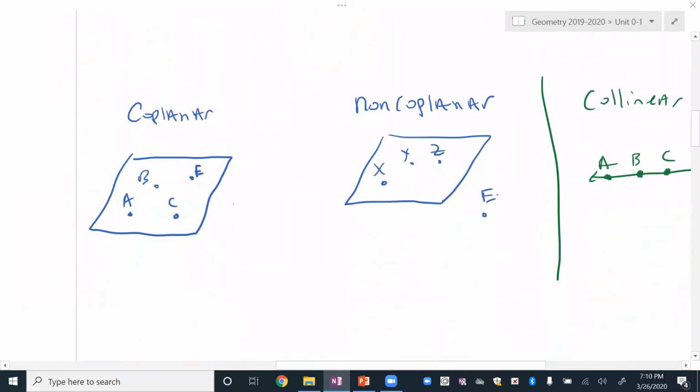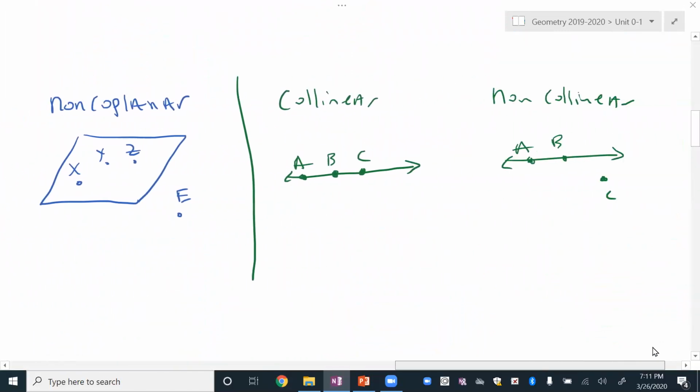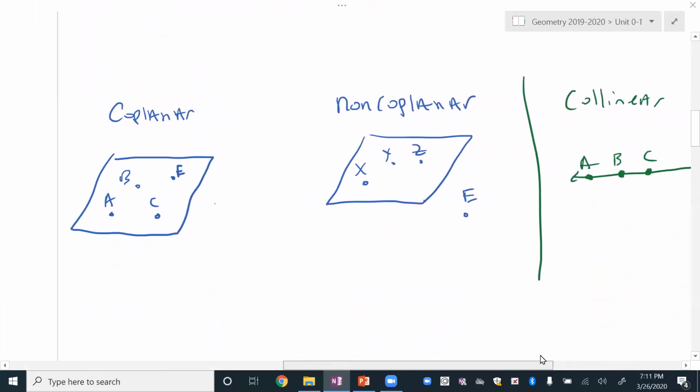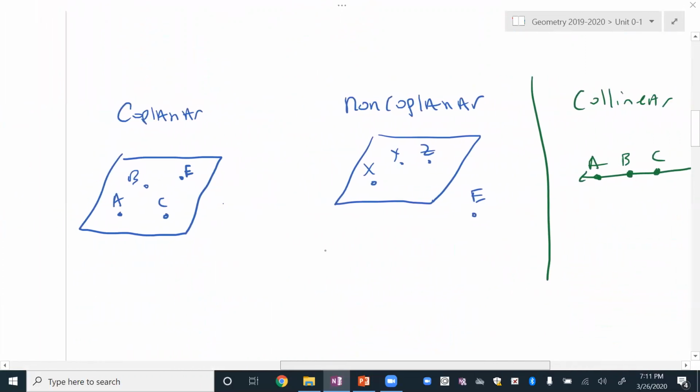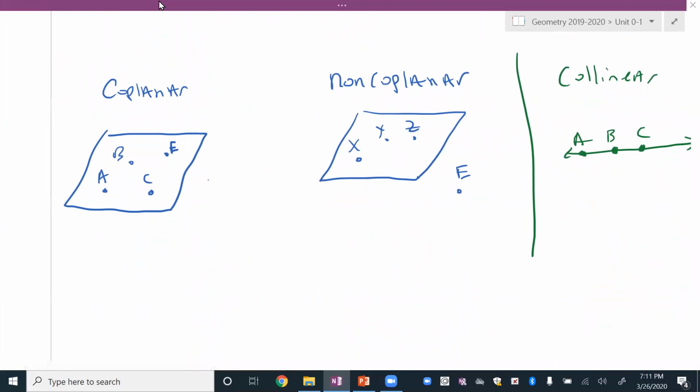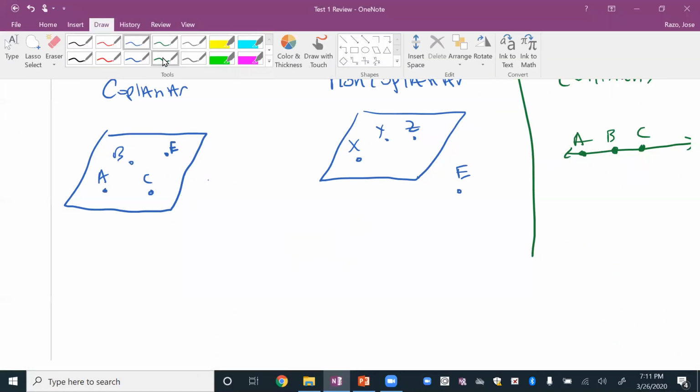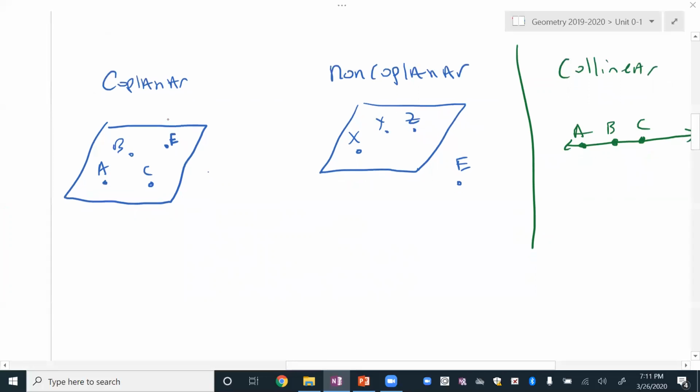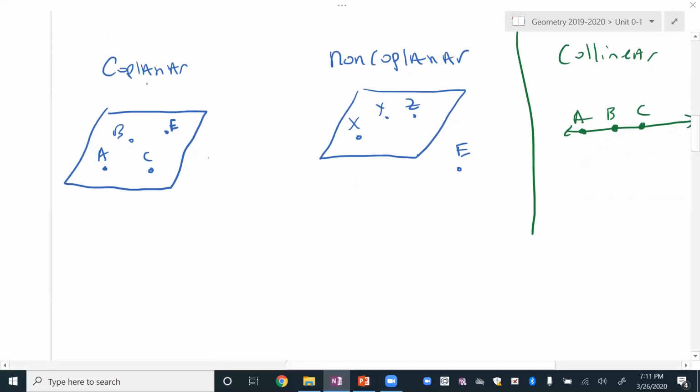Okay, so the next pair is that you have collinear and non-collinear, and then you have coplanar and non-coplanar. Obviously one is going to be the opposite of the other. The way we look at this is that you identify what's coplanar. What's the difference between coplanar and non-coplanar here? This is my whole example, and this is my whole example.